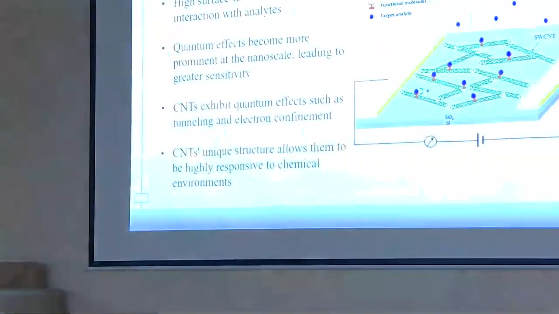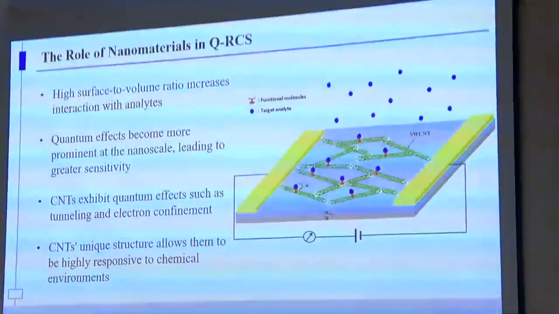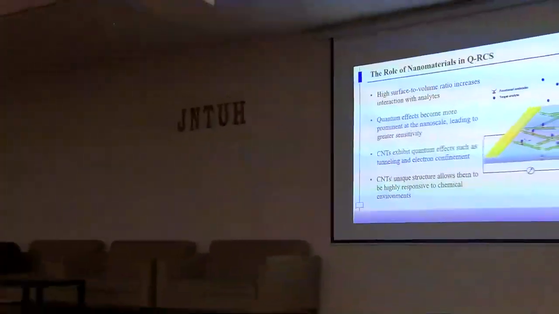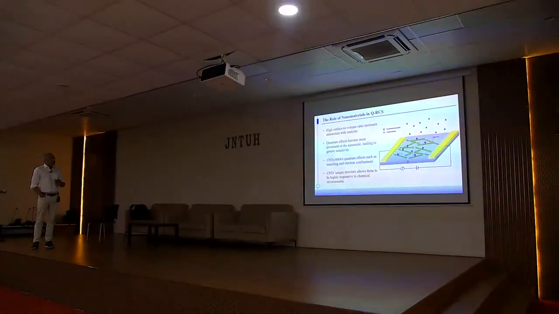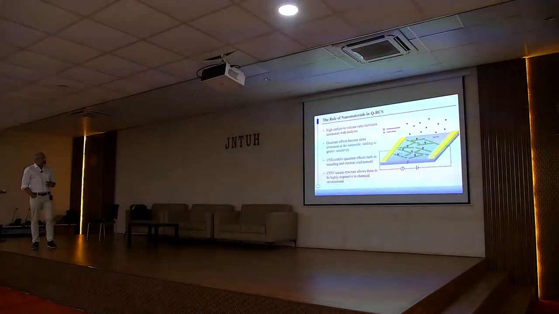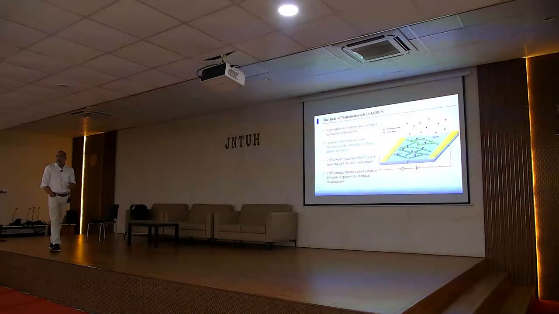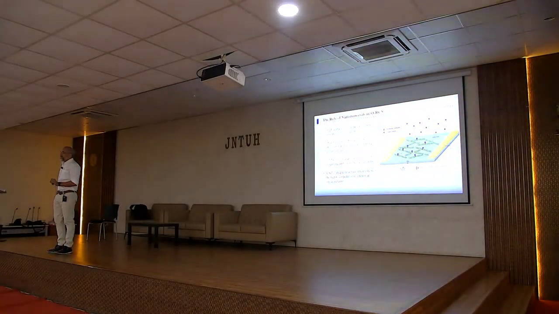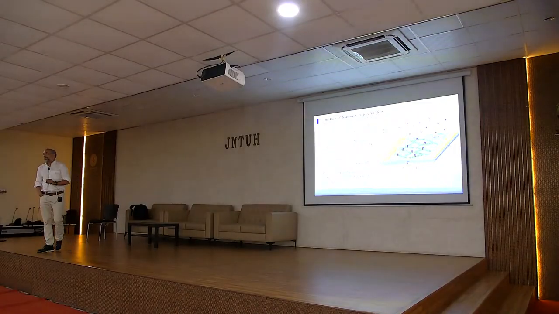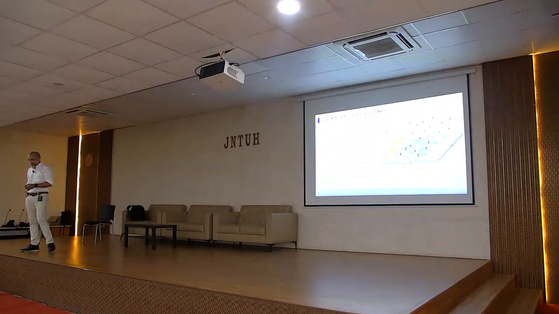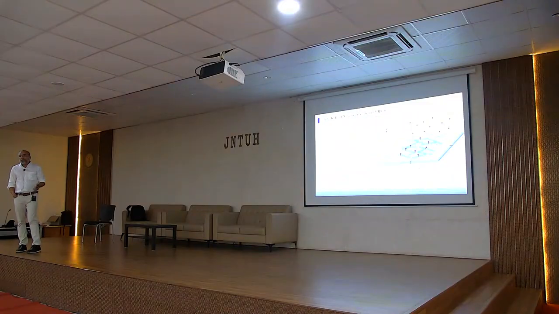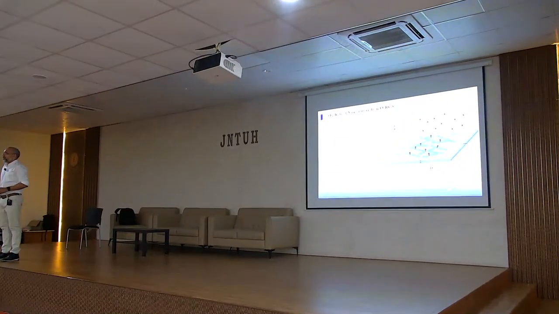As I mentioned, to introduce the quantum effect, we should have a nanoparticle or nanomaterial. Doesn't matter what type of nanoparticle or nanomaterial we have. But in this case, CNT has some advantage because it has a very high surface area and it's really conductive. And we talk about multi-wall carbon nanotube. And we can even play with the surface of carbon nanotube to introduce selectivity.